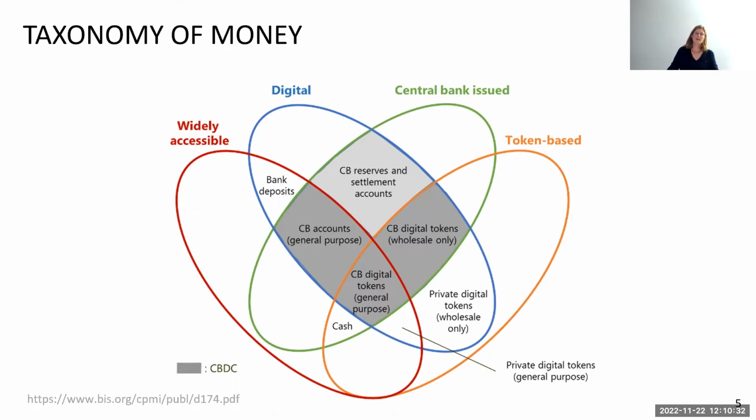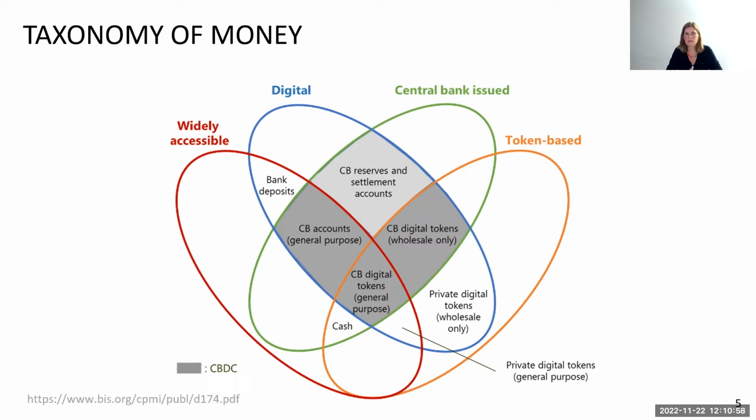Then an important distinction is also the distinction between widely accessible money and money that's accessible just by a small and well-defined circle of people or participants. And that's also important in relation to CBDC. So if CBDCs are widely accessible, we call them retail CBDC.